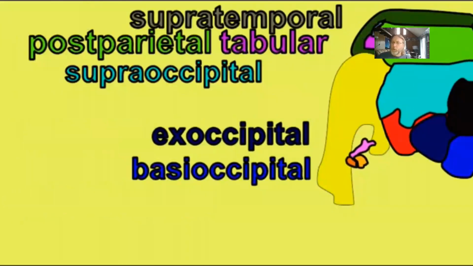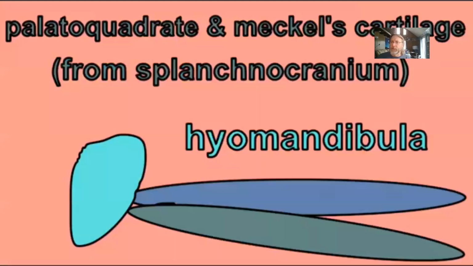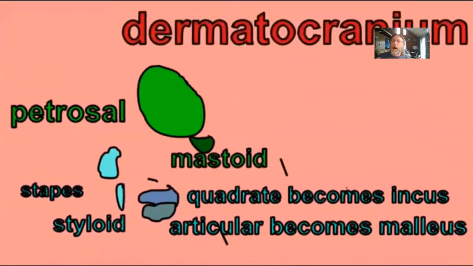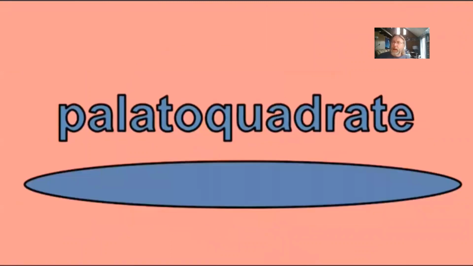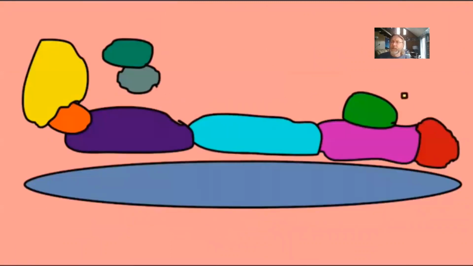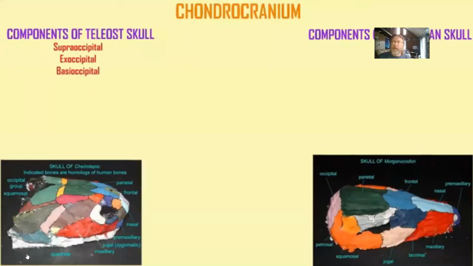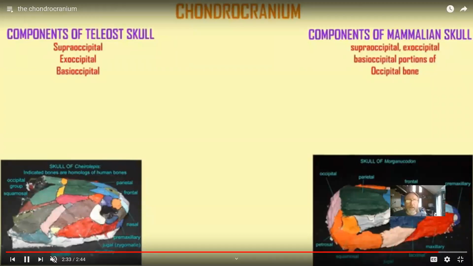So the chondrocranium, one might say, where are these pieces of cartilage in our adult skull? The answer is, well, they're not there, but they have been converted to bone and are components of these larger composite bones. A number of our skull bones arise from taking separate small pieces and fusing them together.